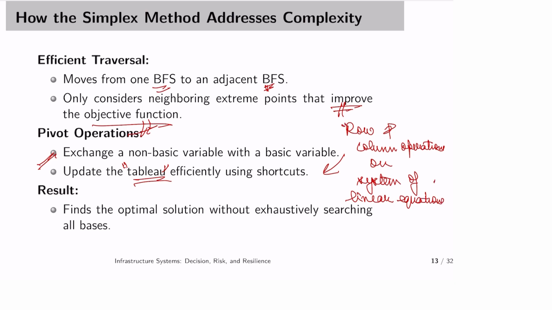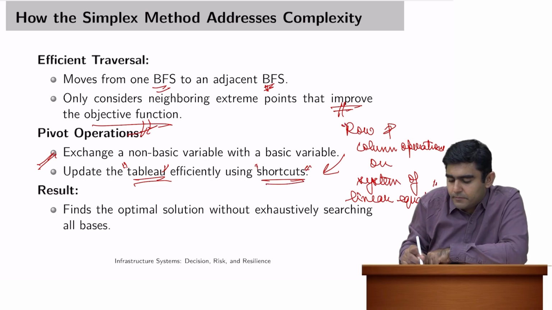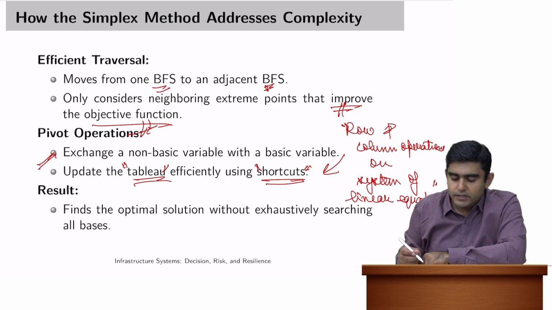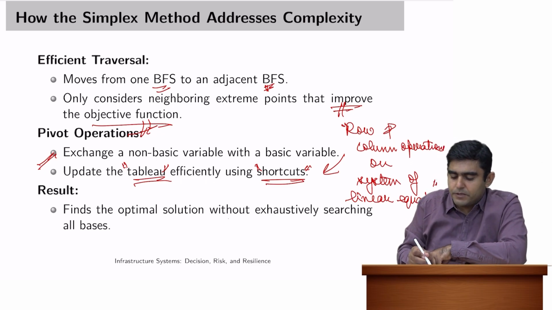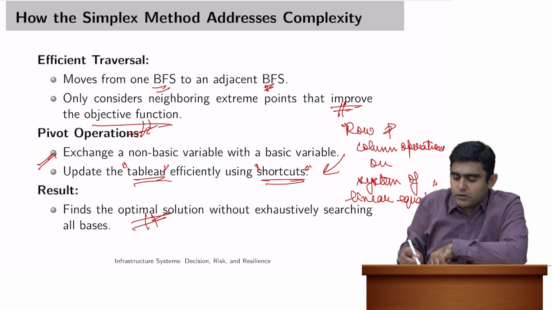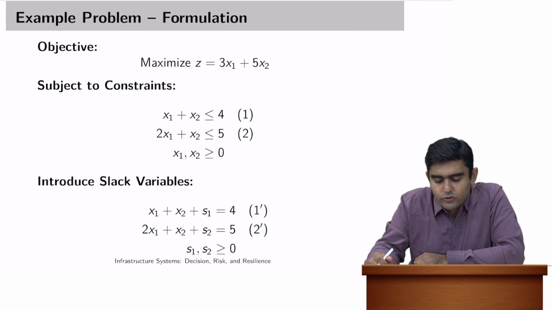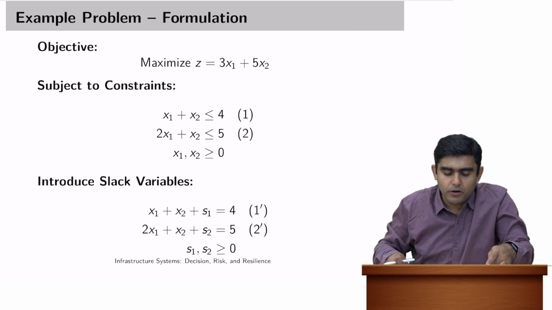And to speed it up, we would find again some algorithmic way to do this particular part faster. And we will of course be able to find the optimal solution without exhaustively searching all the bases. So let us try to understand this with the help of a problem.